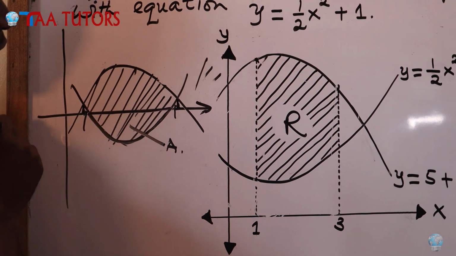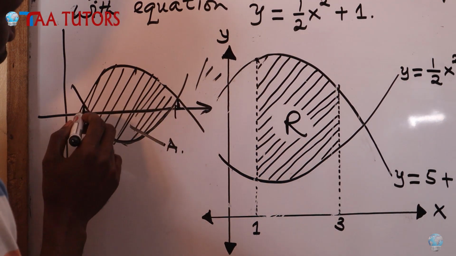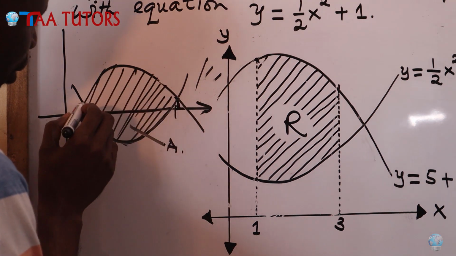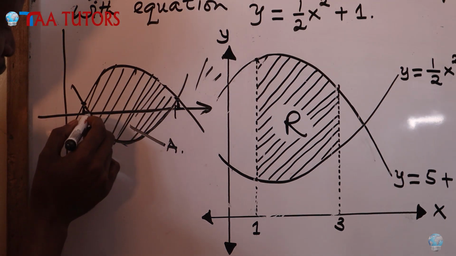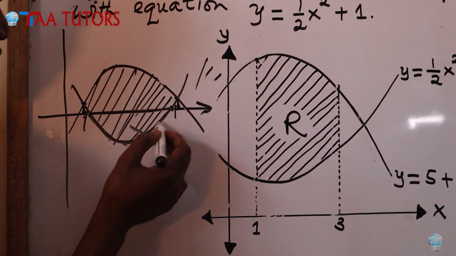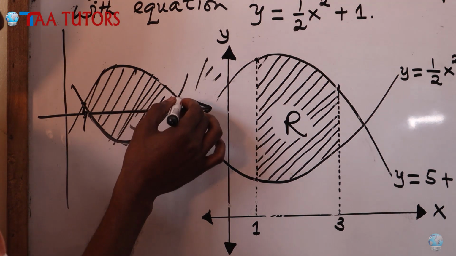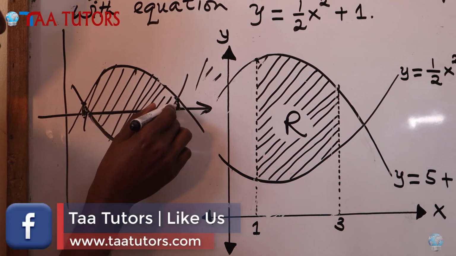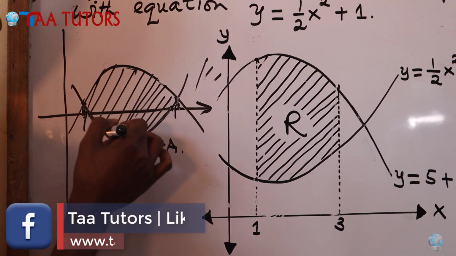Then on the other side, after you get this area, get these coordinates by ensuring you get the points where the curves intersect. After you get the upper area, from here to here, subtract this one from the total area that you got from this one plus this one.